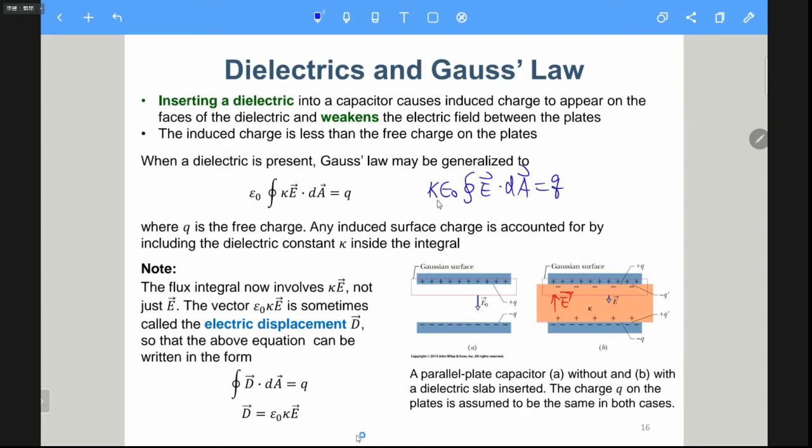In the textbook, it says the kappa might be non-uniform, so you just put it inside so that you can consider it inside the integration. Just for that reason. But at least in this course, I will not ask you to integrate some strange material. Q is the free charge, and any induced surface charge is accounted for by including the dielectric constant kappa inside the integral.